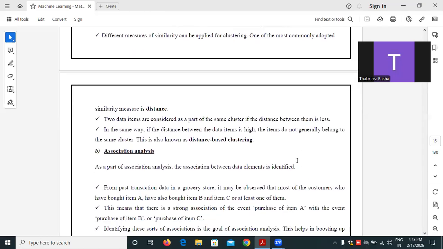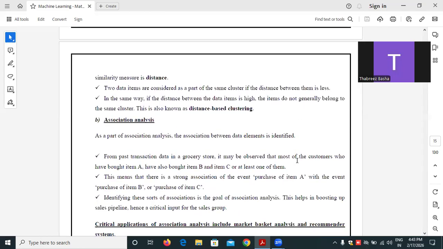Finally, association analysis means that the association between the elements is identified. This process is observed from past transaction data at a grocery store. It may be observed that most of the customers who bought item A have also bought item B and item C, or at least one of them.